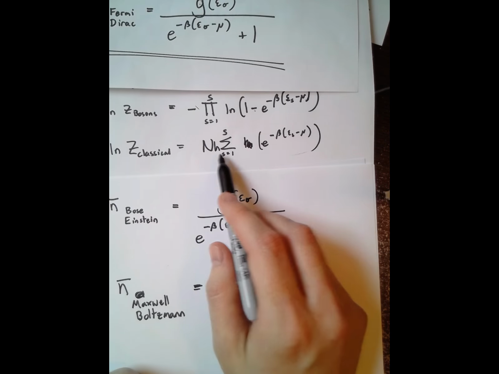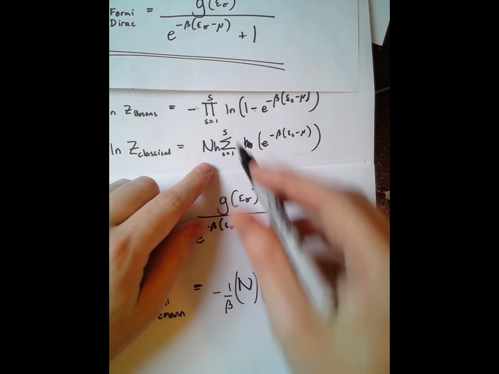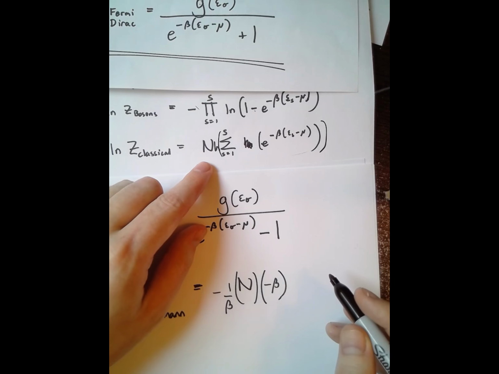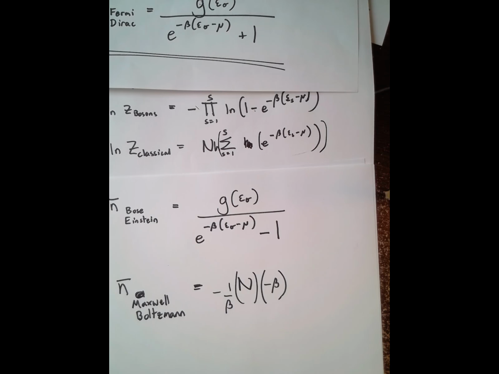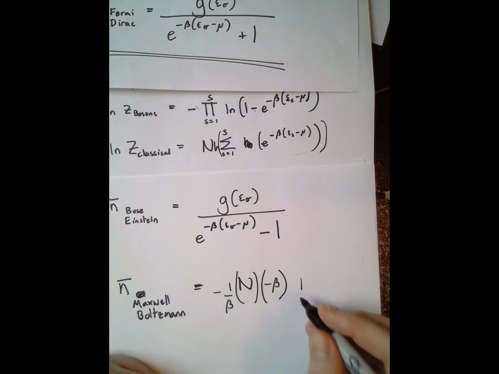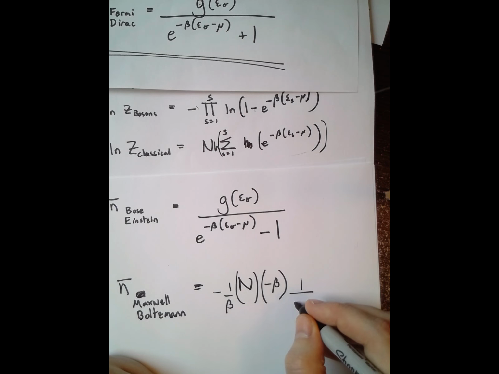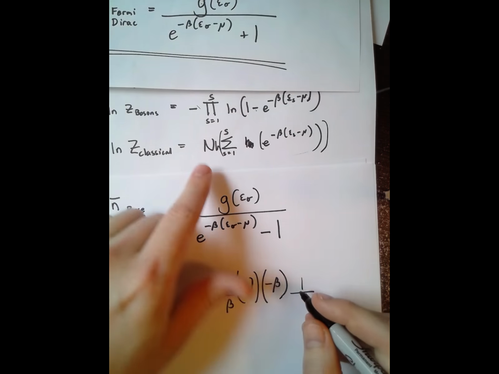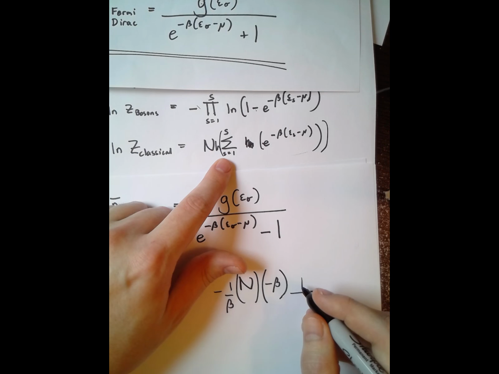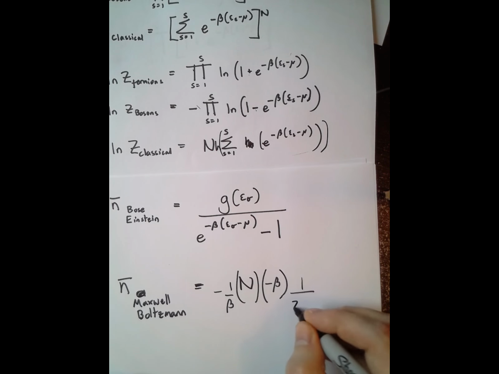So if I differentiate the logarithm of this whole sum here, I'm going to get 1 divided by that whole sum, which I'm going to call, so this sum here is just z to the 1nth power.